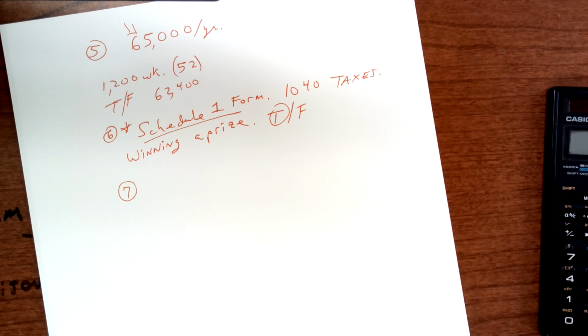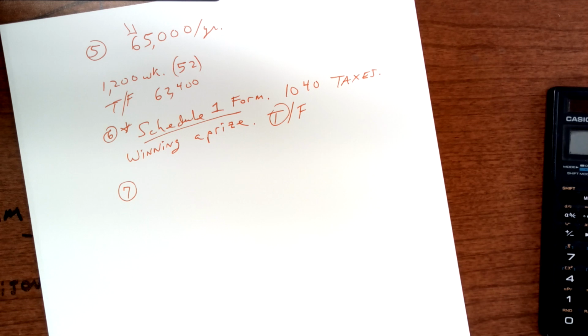All right, so the next one is a tax deduction is an allowable amount that reduces a person's taxable income. And a tax credit is an allowable amount that reduces a person's income.